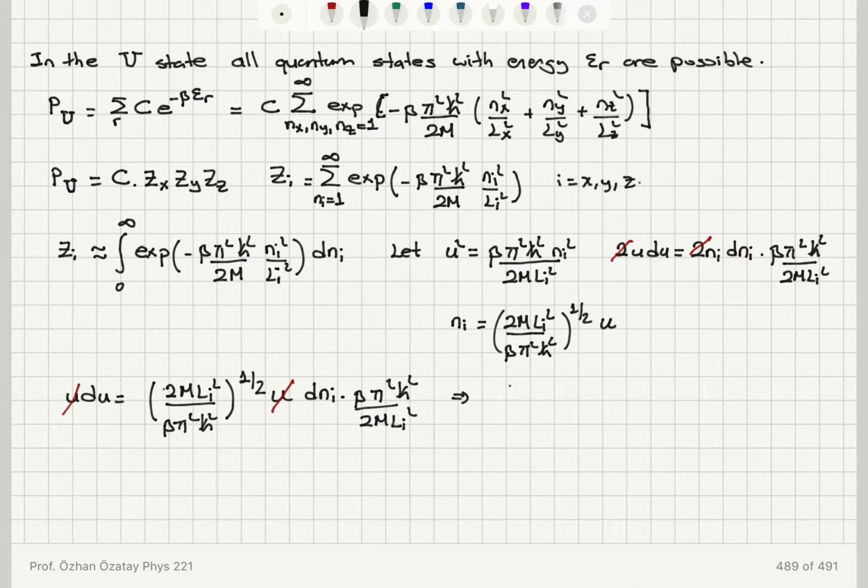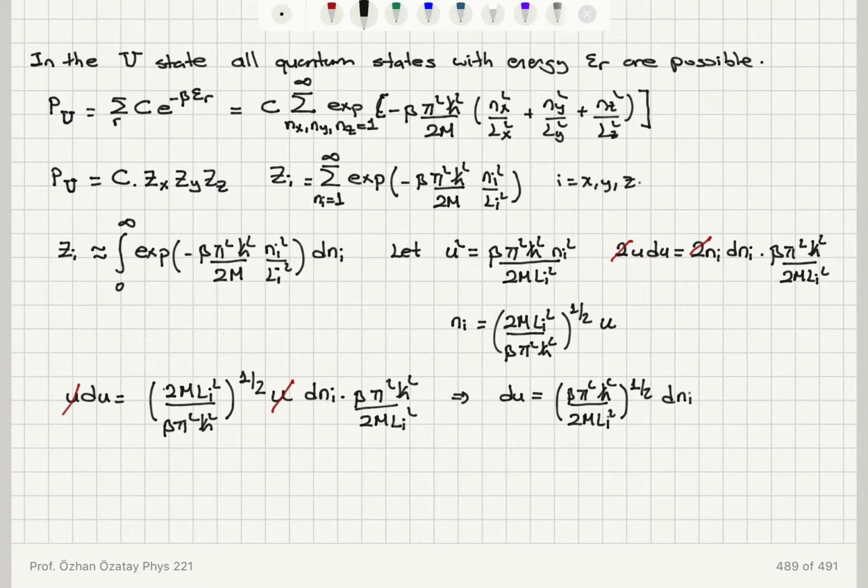du can be written as, because I have the 2m li squared to the 1/2 in the numerator and 2m li squared in the denominator, I will get 2m li squared to the 1/2 in the denominator. And the same is true for the other term. So I will have beta pi squared h bar squared divided by 2m li squared to the power 1/2 dni for du.